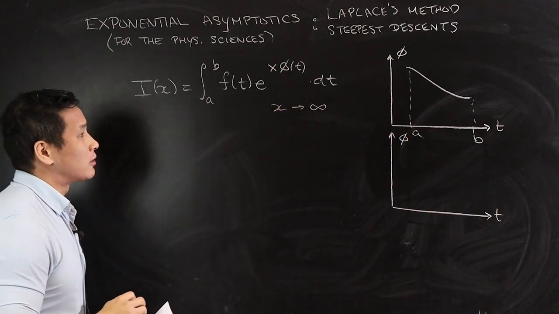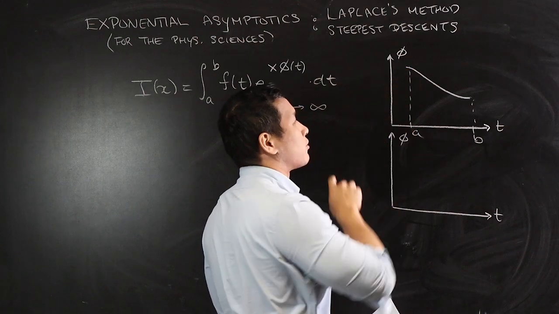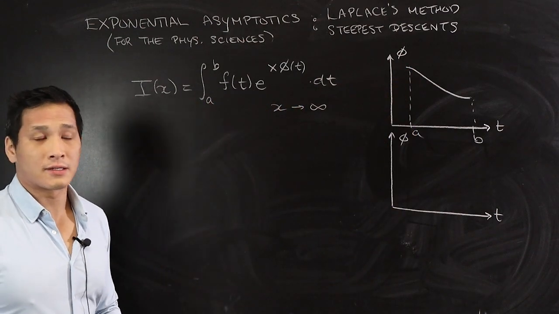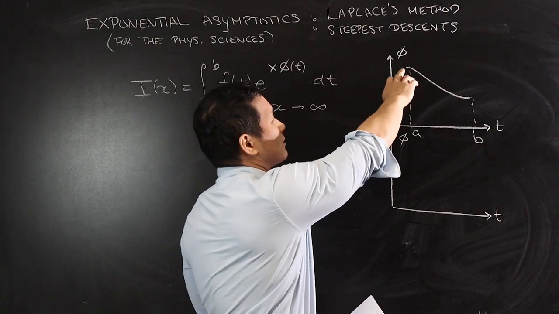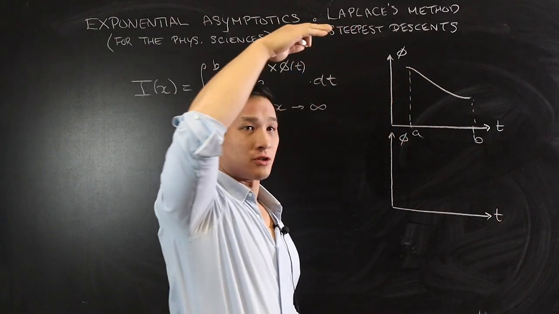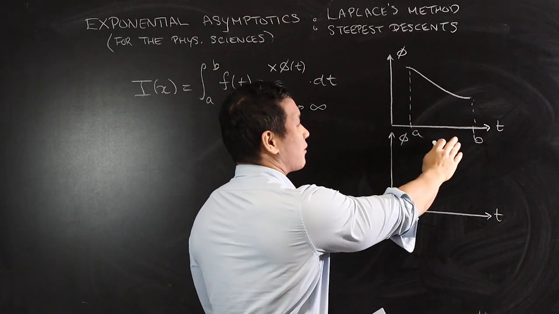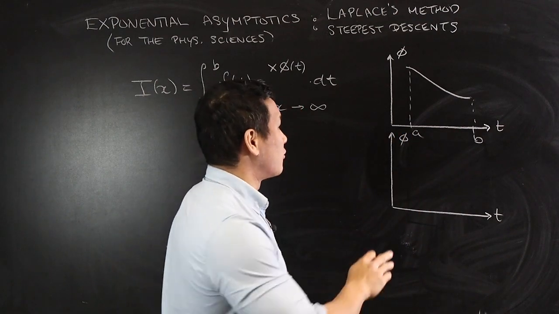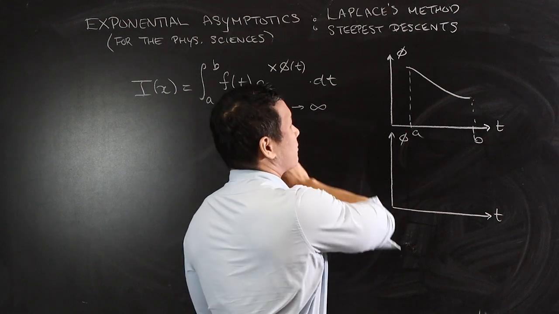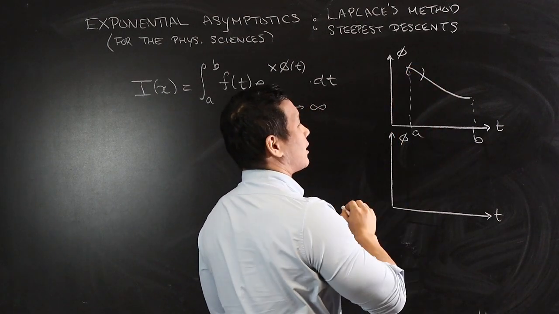So the example we looked at, phi has a maximum on the left endpoint. And the idea is that as x grows to be larger and larger, the maxima of phi is increasingly exponentially dominant over any other location along the integration domain. So you would expect that this integral can be approximated in a little neighborhood about this point a.